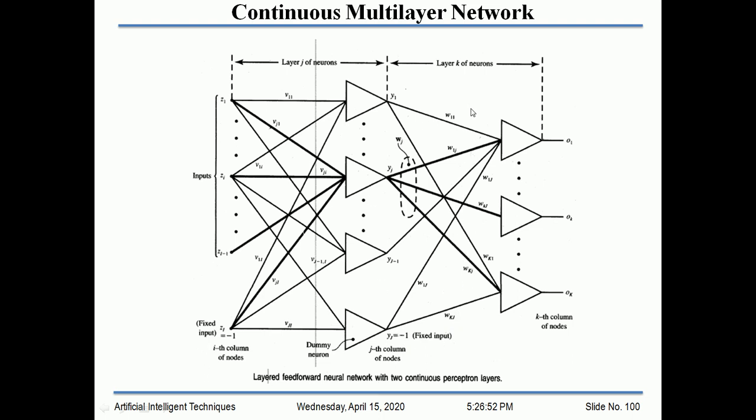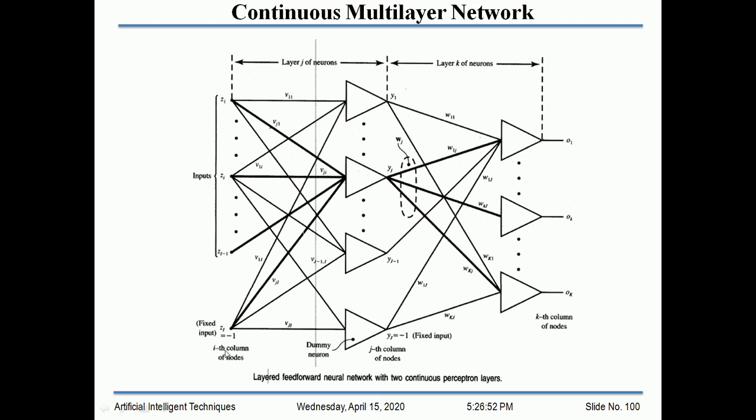When I train the network, obviously the interconnection weights need to be updated. How do I update the interconnection weights using this algorithm? I have to back propagate the error. Whatever error is obtained, that error is back propagated, and accordingly the interconnection weights wkj and the interconnection weights vji are updated.